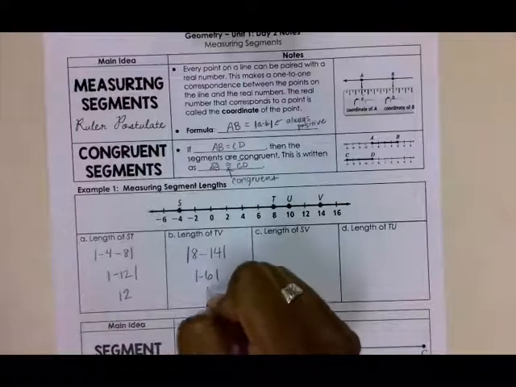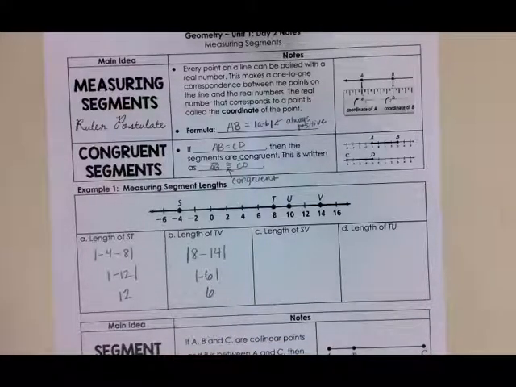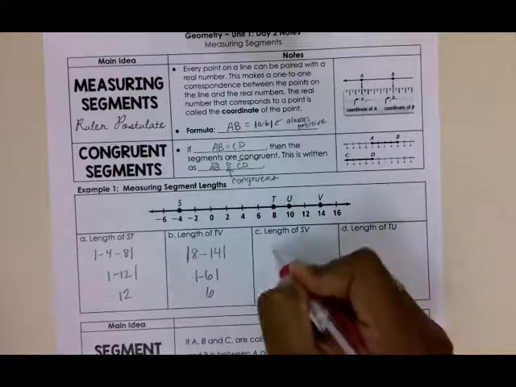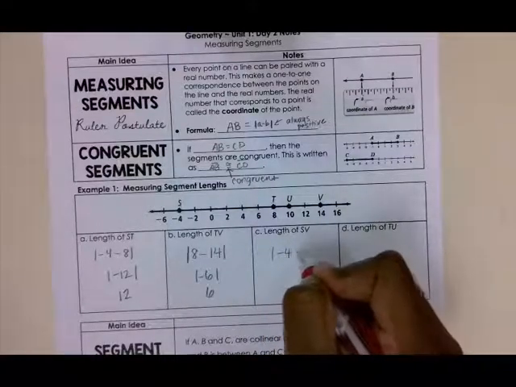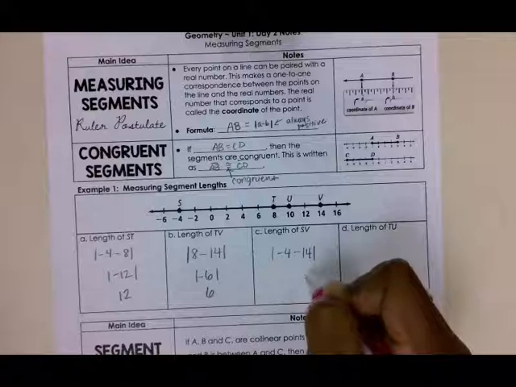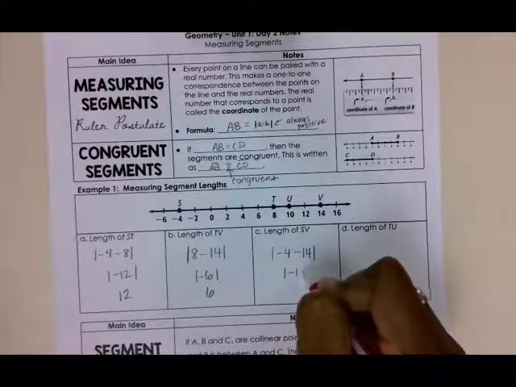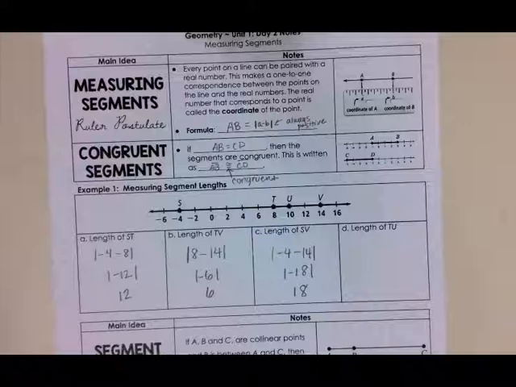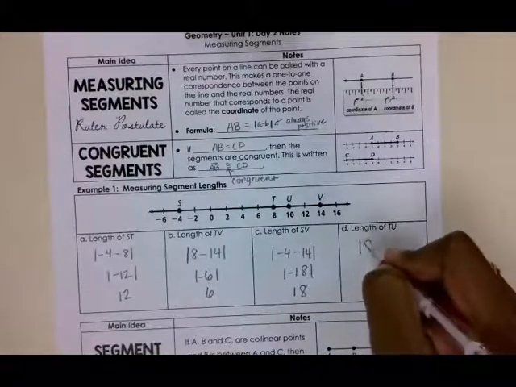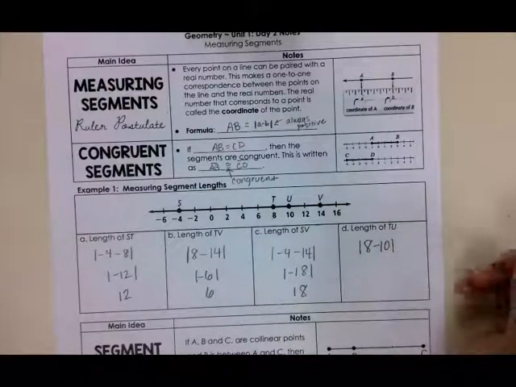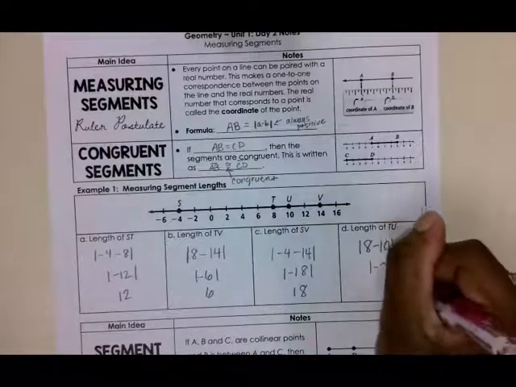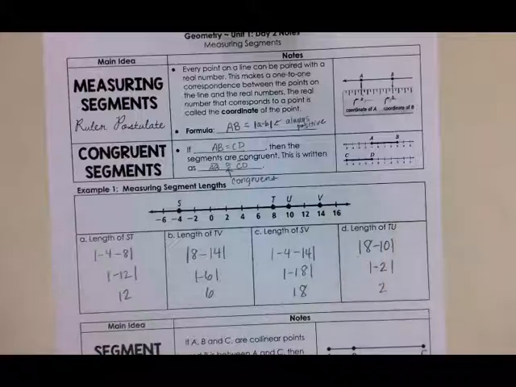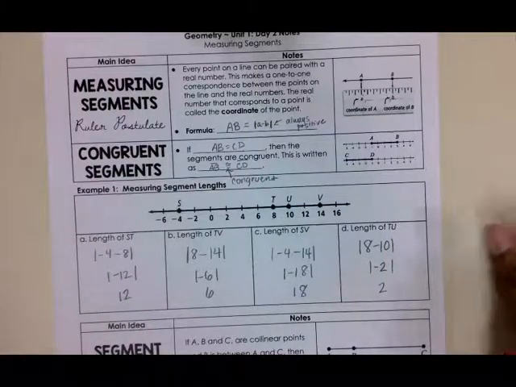Absolute value of -6 is positive 6. Length of SV. S is at -4. V is at 14. Subtract those, I get -18. So the distance is 18. Length of TU. So 8 minus 10 gives me the absolute value of -2, and that gives me positive 2.